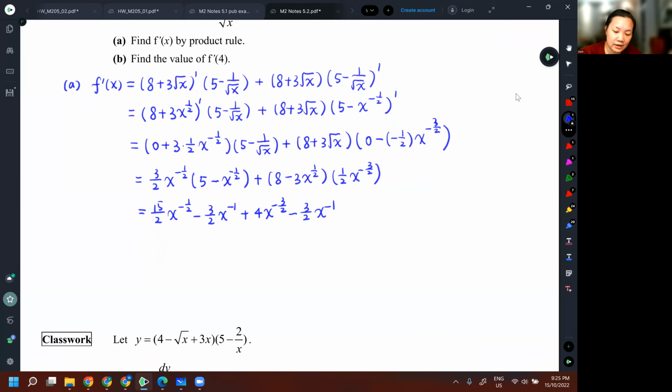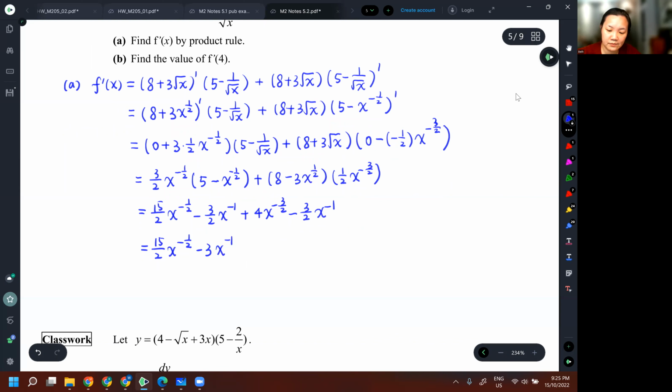Okay? And then you put it, I think, still in descending order. Is that okay? 15 over 2, x to the power negative 1 over 2, minus 3, x to the power negative 1, plus 4, x to the power negative 3 over 2. And you will leave your answer like that.